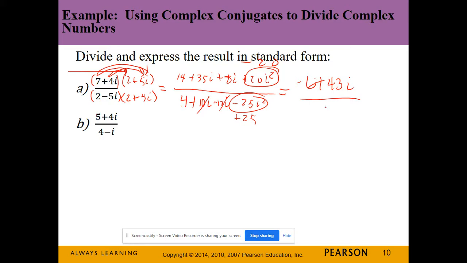So 25 plus 4 is 29. Again, the point of multiplying by the conjugate is so you end up with a real number in the denominator. Okay, I'm going to leave you part B to try on your own, and again, reach out if you want to ask about it. You'll end up doing practice with it anyway.